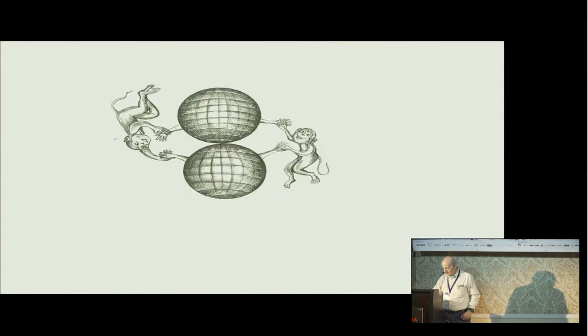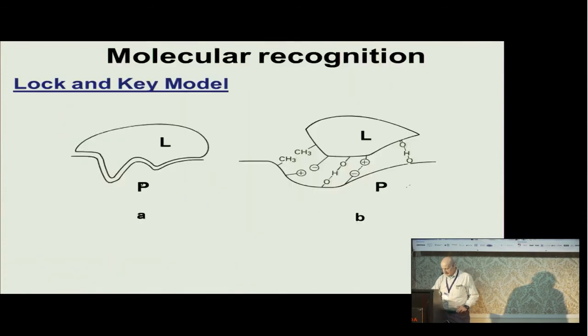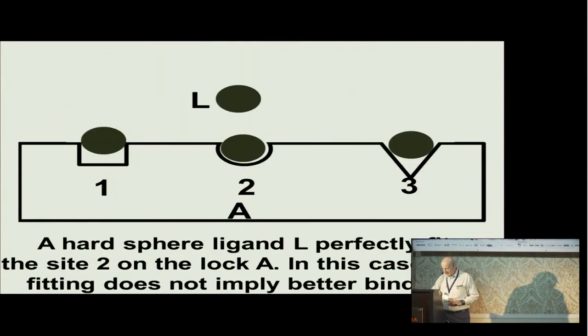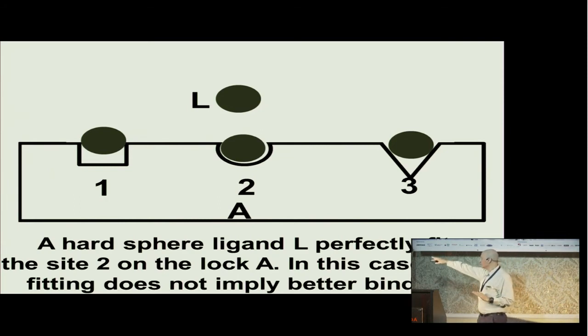I want to skip that; I will come back to that in a minute. Now, geometrical fit per se is not the most important thing. If we have, for example, a ligand which is a hard sphere, of course, the interaction will be zero no matter what the form is, even if it fits very well into this site.